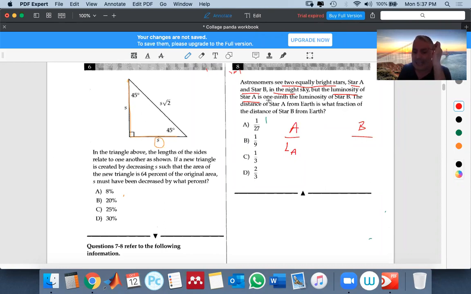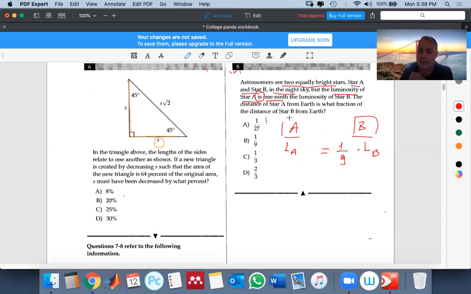LA is 1/9. When you see "is" in word problems, put an equal sign. So this equals what? 1/9 of the luminosity of B, which is LB. This is the first step: LA is 1/9 of LB.